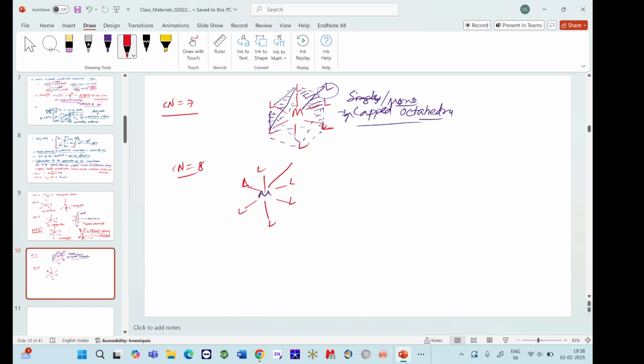You can have one like this and one through this plane. This ligand is capped through this plane, and at the opposite plane another ligand is capped. This is called bicapped octahedra.